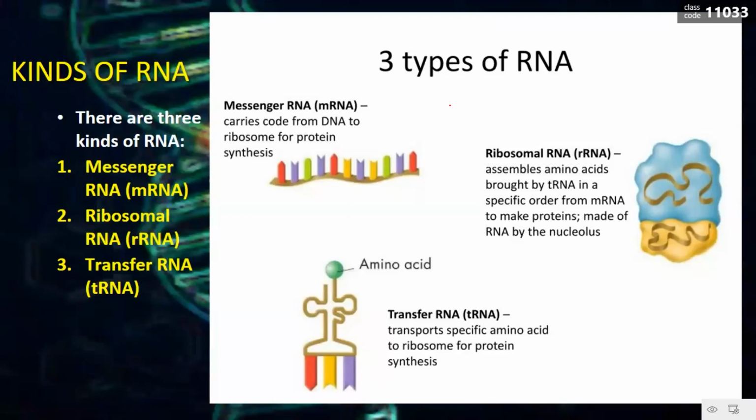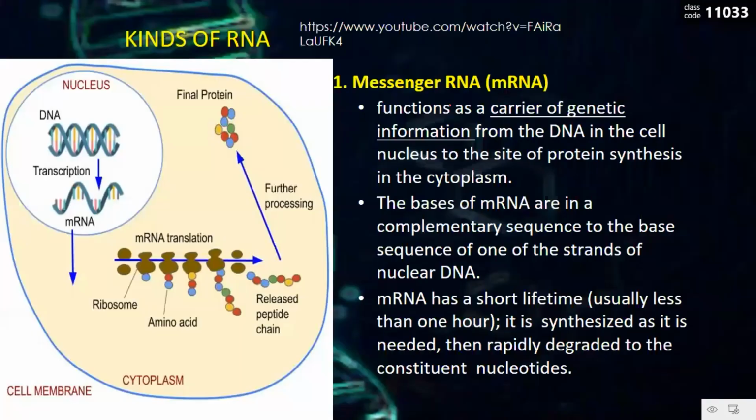Again, from the DNA, the codes will be transferred to the mRNA. The mRNA signals the tRNA to bring the amino acids of that particular code. Then the rRNA will assemble those different amino acids. That is how we create protein, and in turn, how our physical characteristics are built.